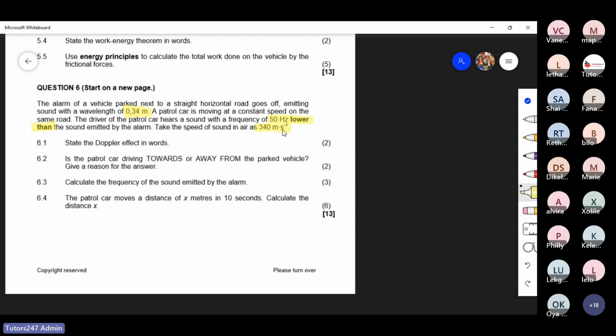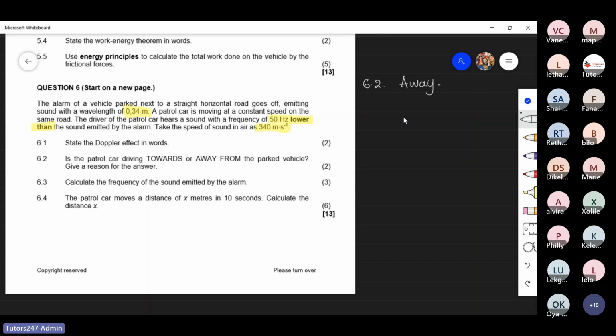So if they mentioned 50 hertz greater than or higher than, it would then imply moving towards. But because they've mentioned lower, it then implies that this patrol car, which is now our listener, is moving away from the source. So 6.2 is going to be away.